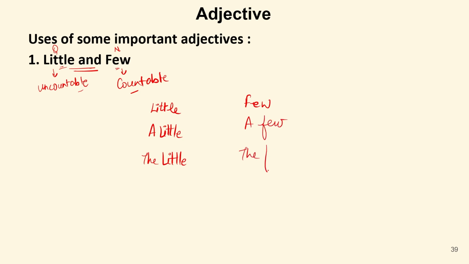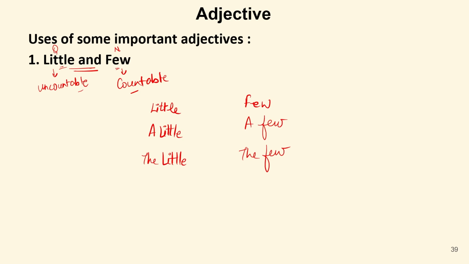So we have these three phrases. We have already discussed the difference between little and few, that little is used for uncountable nouns, whereas few is used with countable nouns. Now, what's the difference among little, a little, and the little? And what's the difference among few, a few, and the few?